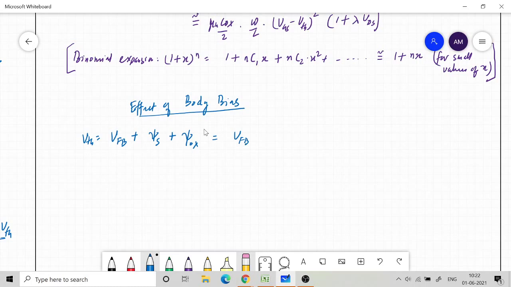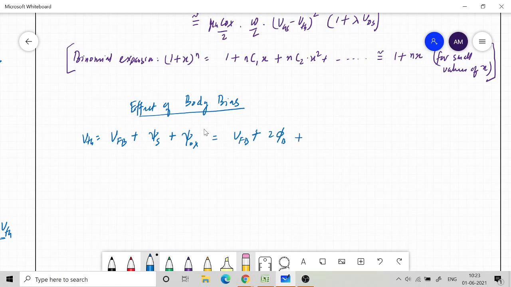So again, for threshold we said psi S should be 2 phi b. Only then are you going to have inversion happening. When psi S becomes 2 phi b, that means the P substrate near the interface is going to be converted into an n-type material, because the majority carriers are going to be electrons. There will be a concentration of electrons similar to that of the concentration of holes in the bulk.